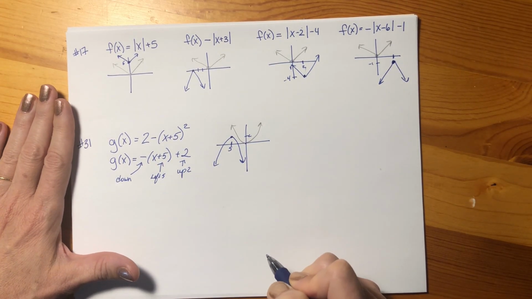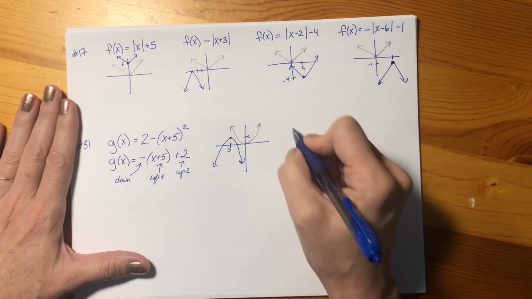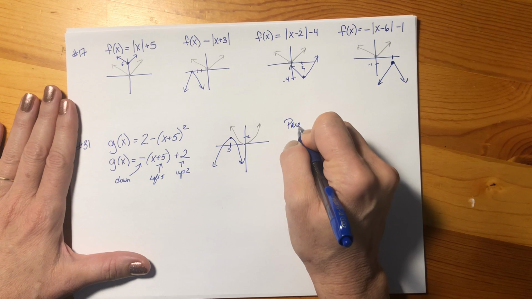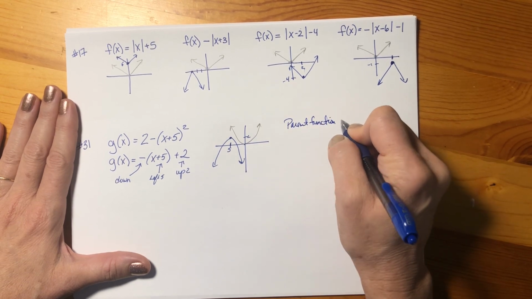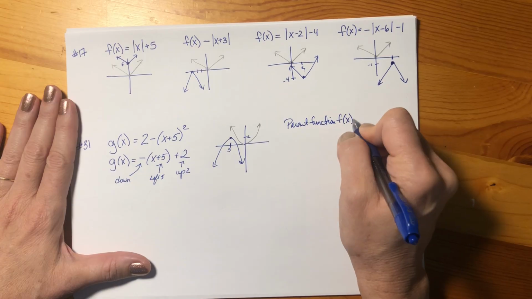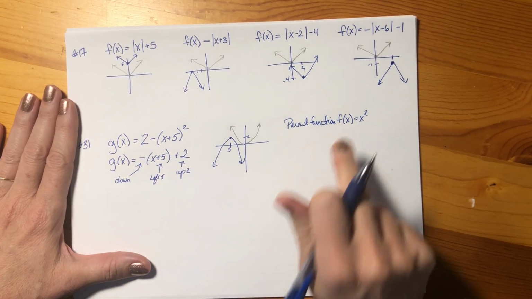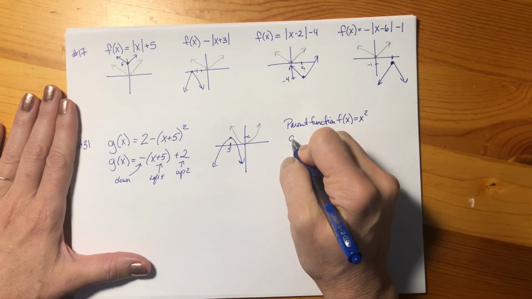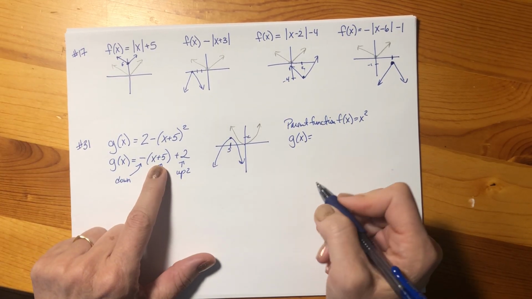Okay. The last thing Ron asks us to do in this problem set, he says, think about the parent function. Your parent function is f of x is equal to x squared. So how would I rewrite g of x in terms of f of x? I would say g of x is equal to, take that parent function.